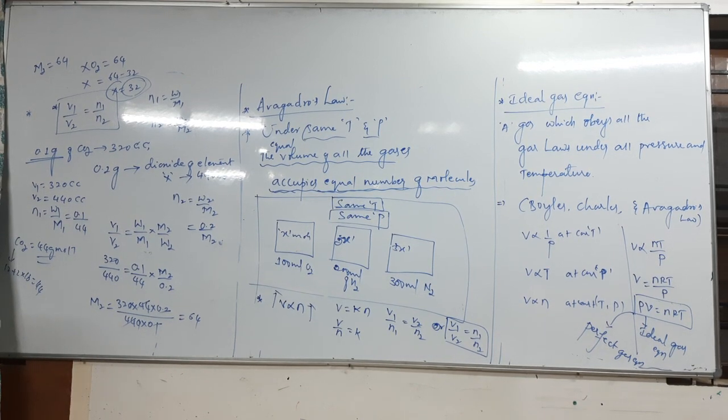Which equation will you use? The ideal gas equation, that is the combined gas equation: P1 V1 divided by T1 is equal to P2 V2 divided by T2. So with respect to that, we must calculate.